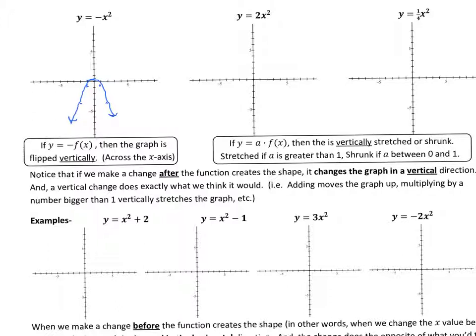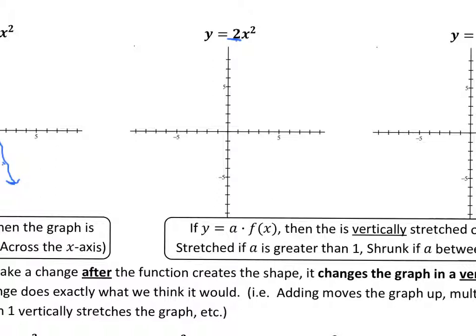Easy enough, okay? Now what if we have a number out in front, like this 2? What would a 2 out in front do? Do you remember? It's going to stretch it, so it's going to make it skinnier. Let's see how we adjust our counting. Where is my vertex on y equals 2x squared?